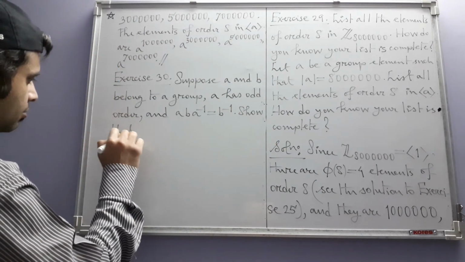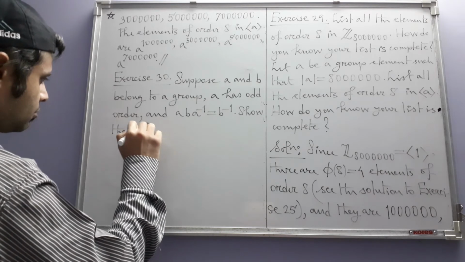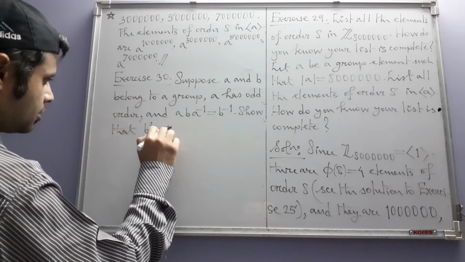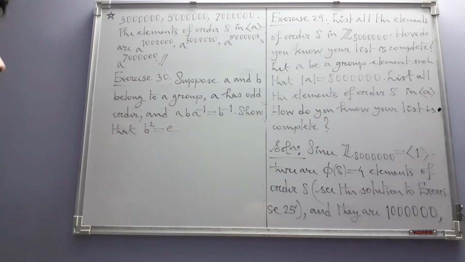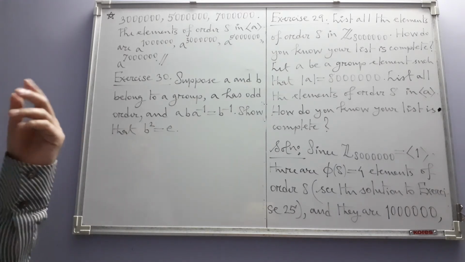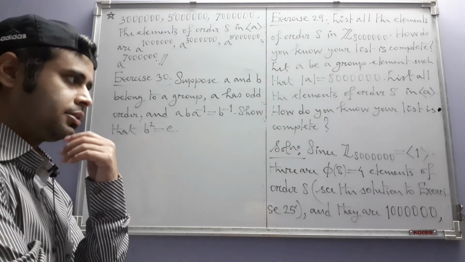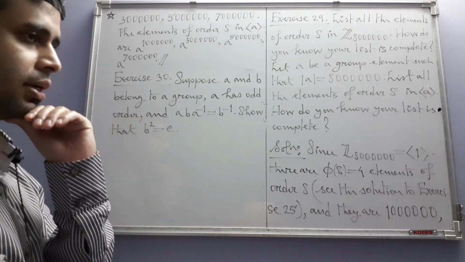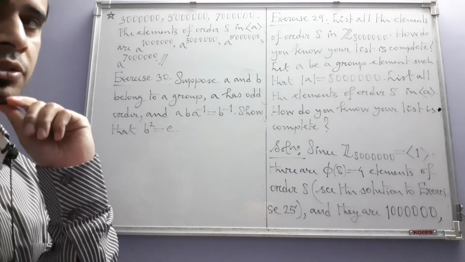Show that B square is equal to identity. This is not really so much about A having odd order, but it's really about A having a finite order. That's what matters.